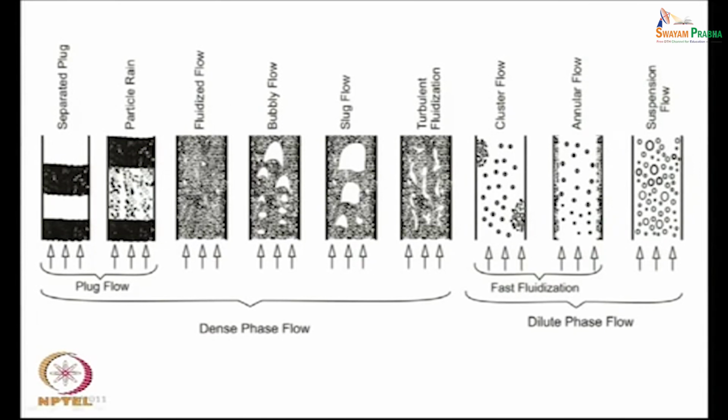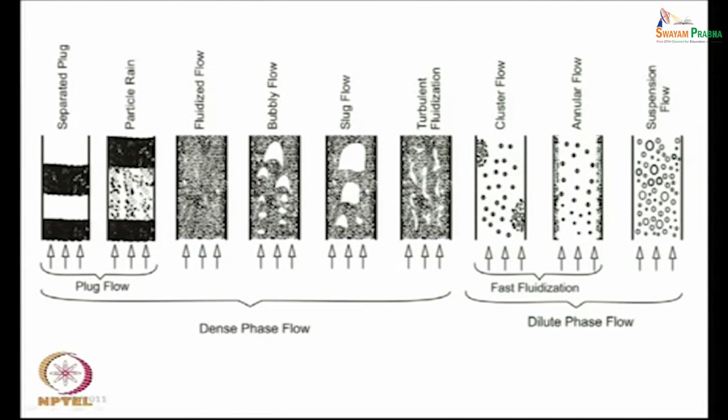So, initially when we reduce the gas velocity, the suspension flow gets halted, particle clusters start appearing, and just after this we get the fluidized flow regime, or the flow regime is termed as fluidization.